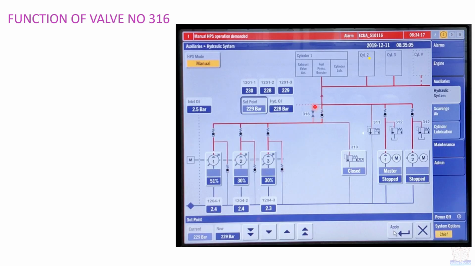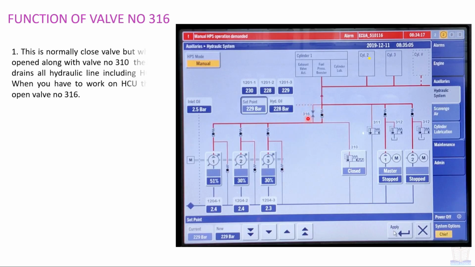Now going to talk about the function of different valves. So first is the function of valve number 316. Just to remind, this is valve number 316. This is a normally closed valve, but when opened along with valve number 310, it drains all hydraulic lines including SU. When you have to work on SU, then open valve number 316.